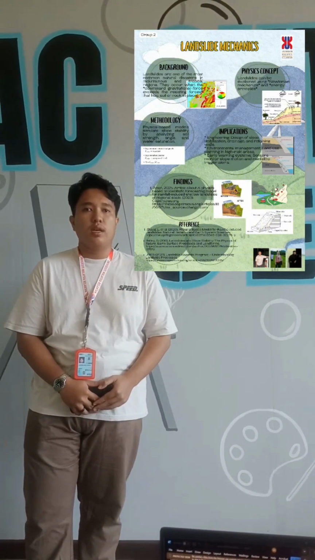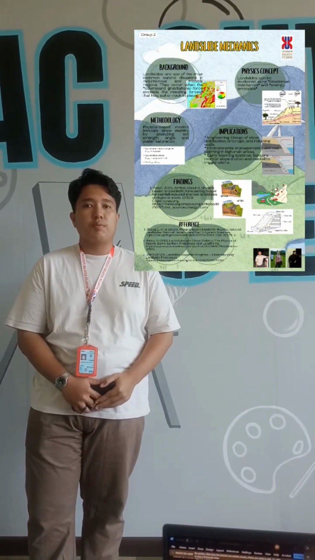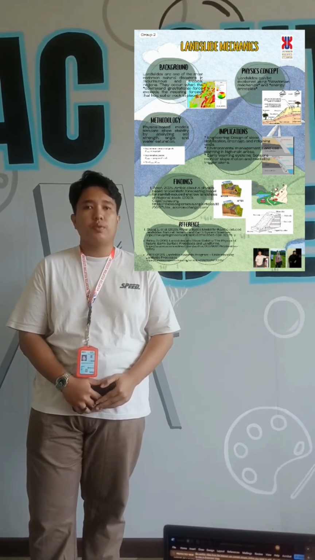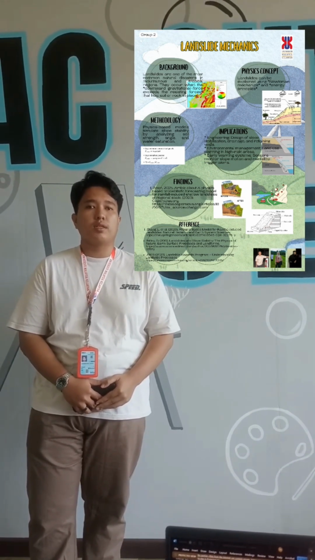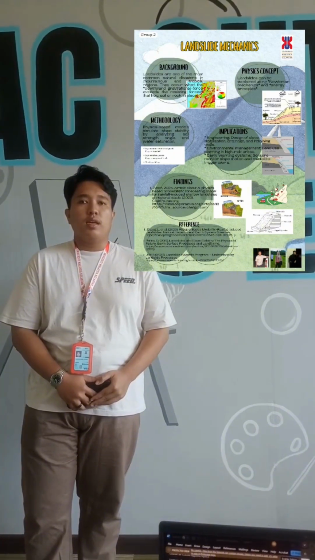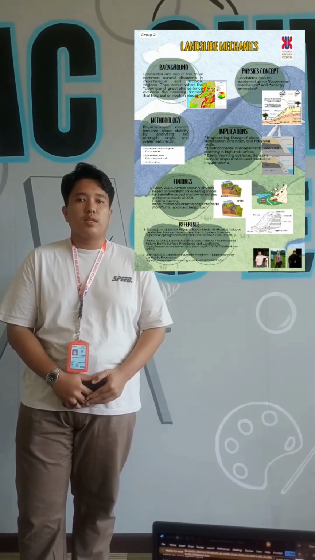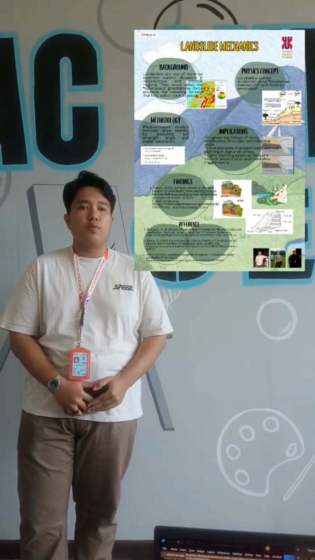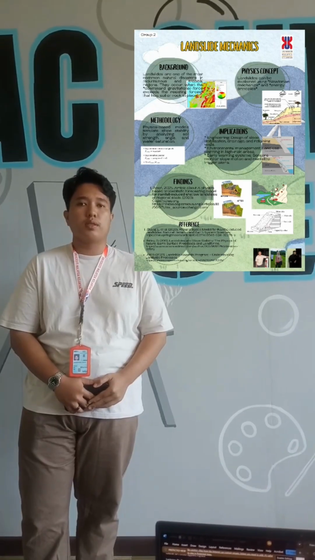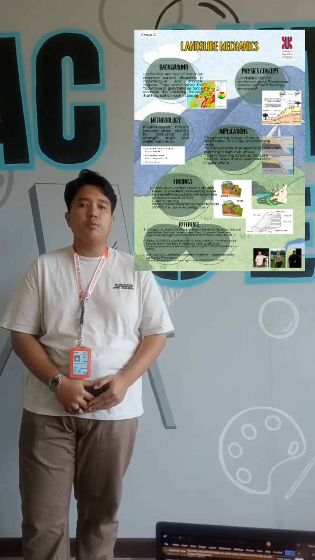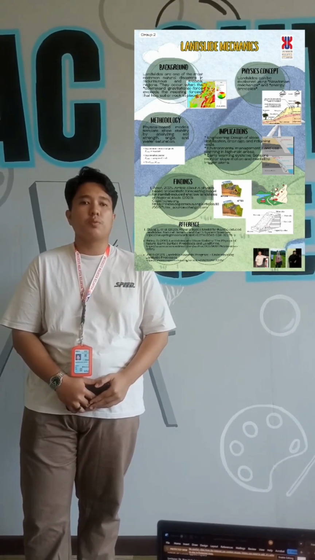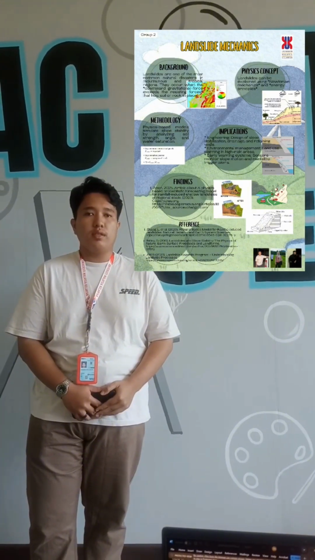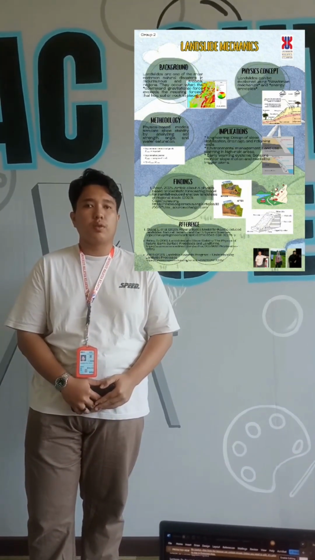For example, in the case study discussed in the paper, areas with steep slopes and high rainfall show a much lower factor of safety, indicating that those slopes were near the point of failure. As rainfall continued, the pore water pressure increased, reducing the friction between soil particles and leading to slope instability. These findings have major real-world importance.